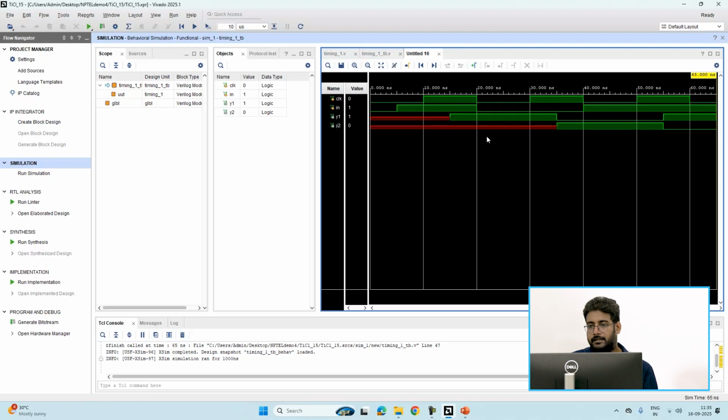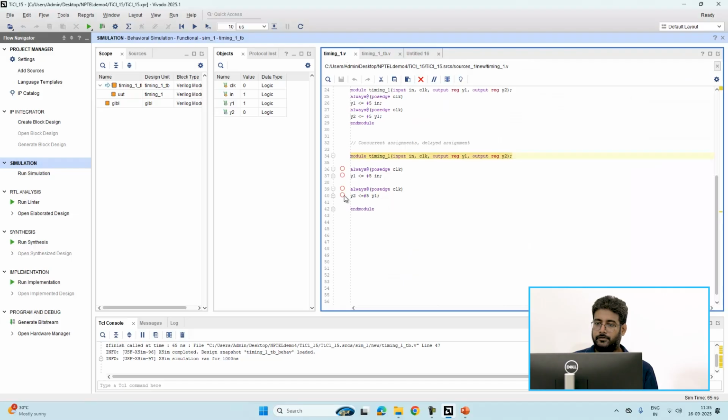As assignment happens late, here we don't have any input, so it will retain the previous value of y2, which would have been the value of y1 only, because it is taking input from y1.